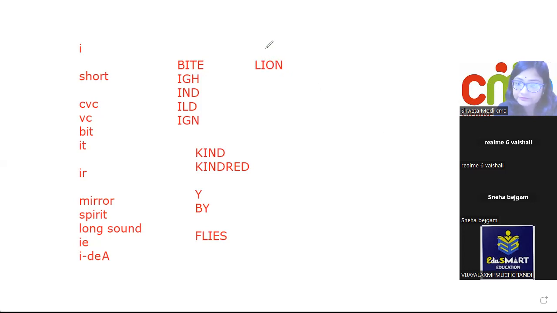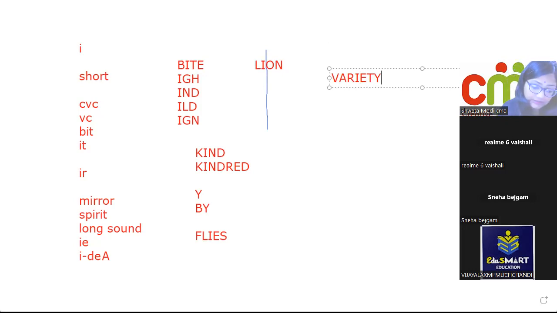And when you separate, then I is left alone, and that's why it is long I. Even in the word variety, again, you will have I and E, where E is taken by the consonant T. So I is again left alone and it gives the long sound.